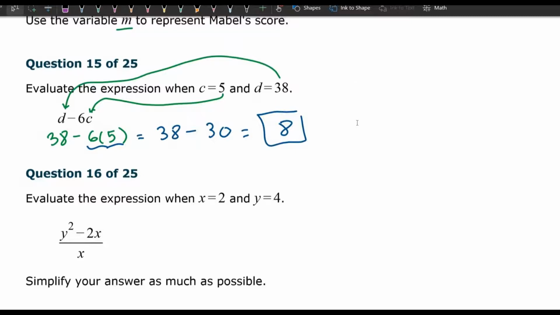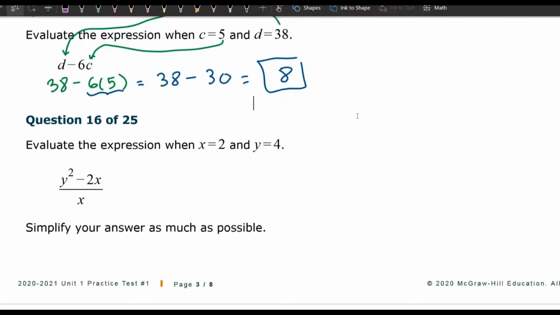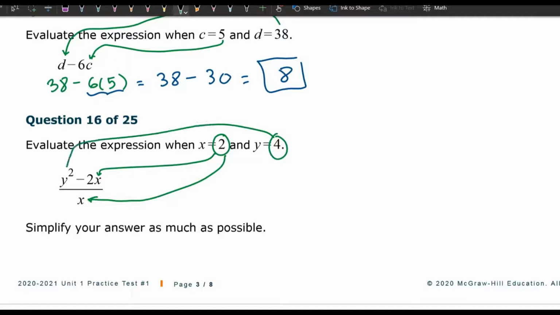Problem 16. Same idea. We're going to replace x with 2, and replace y with 4.